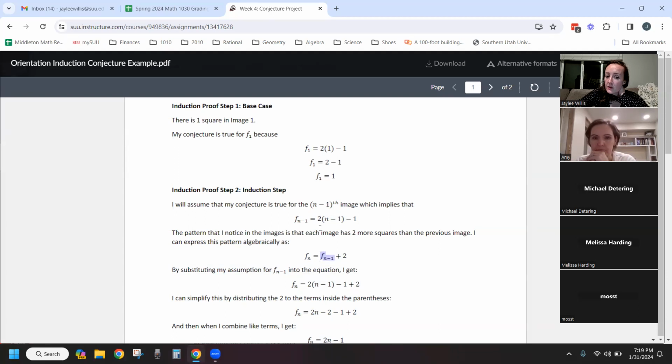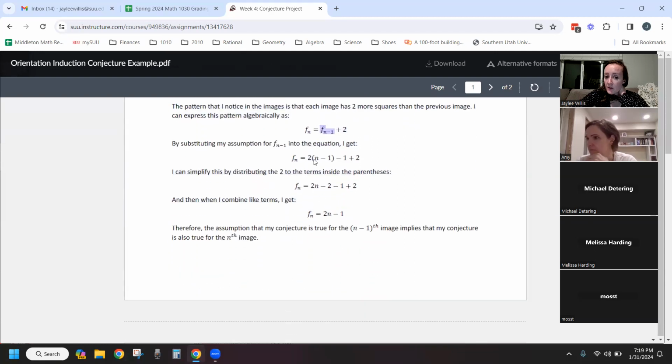To get from here to here, you substitute this in for the expression that says you take the previous term. Then you distribute, factor, cancel out terms, basically do the stuff we've been doing on the last few conjectures, until the form looks like what you want your conjecture to look like.